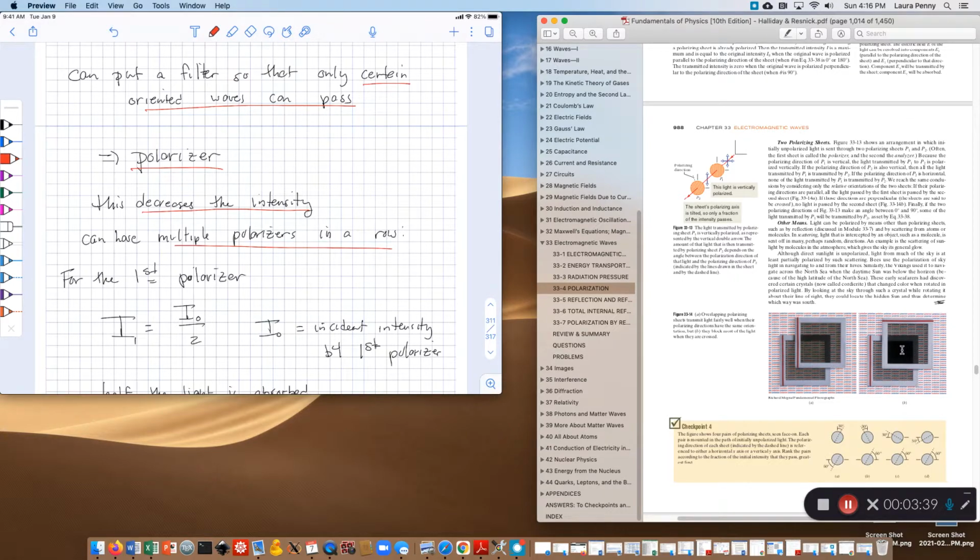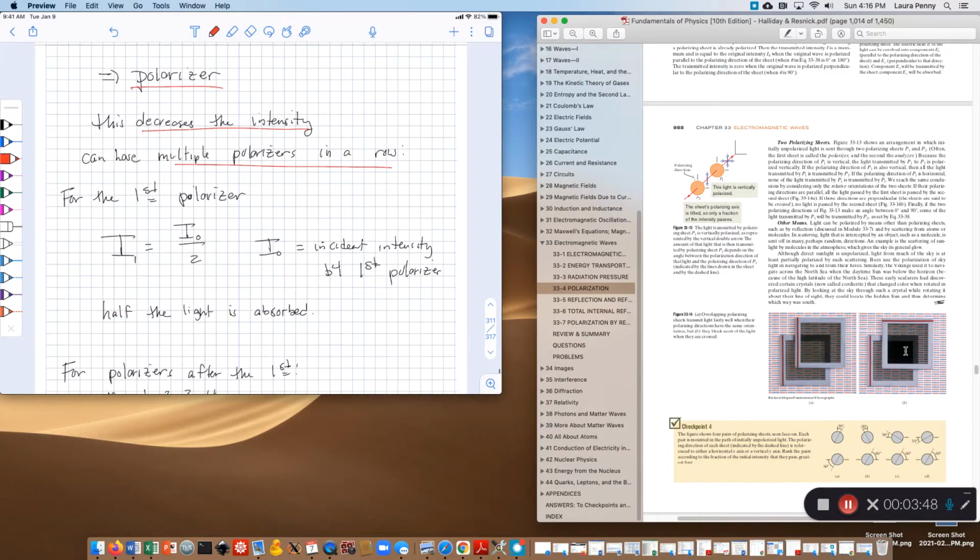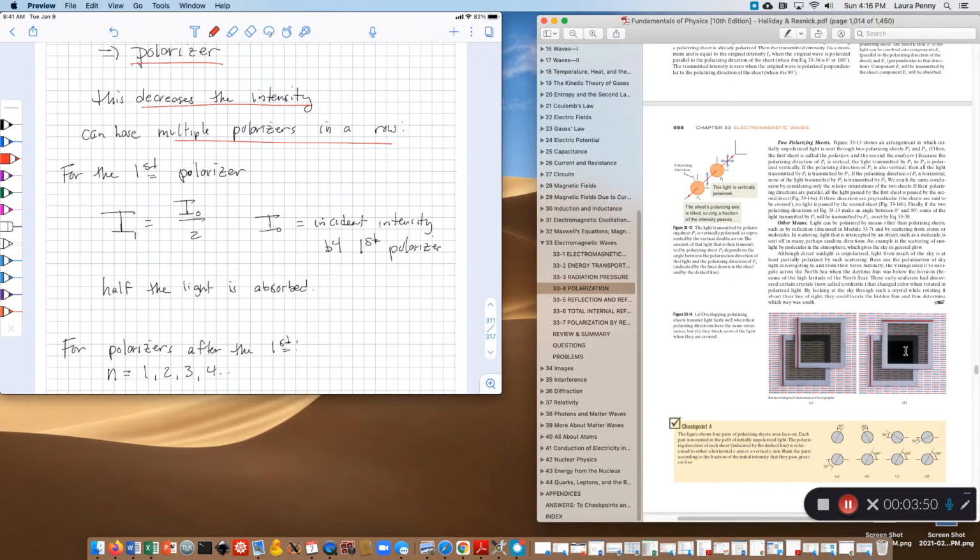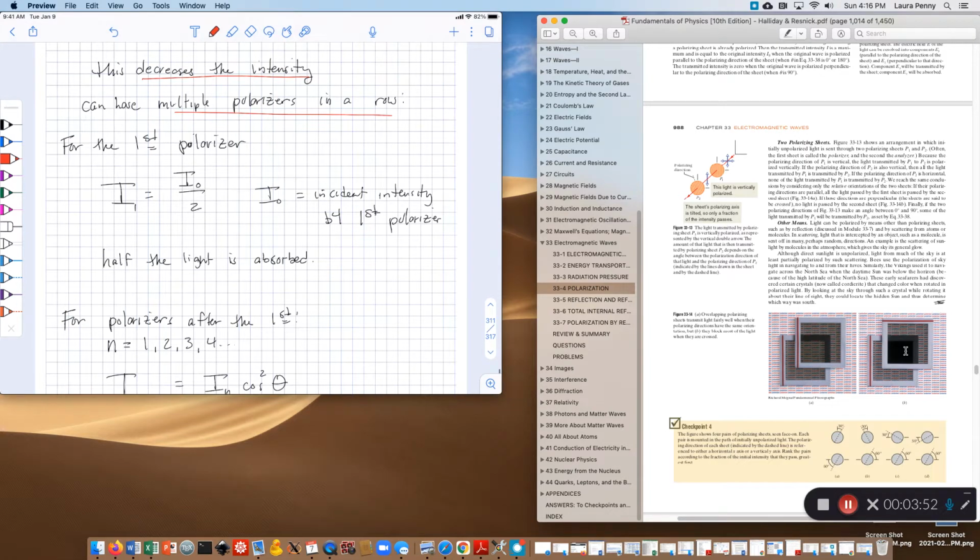The first polarizer is essentially perpendicular to the second polarizer, so we're getting zero light through. To calculate the intensity that makes it through, there's one mathematical thing for the first polarizer, and a different thing we do for the second one. The first polarizer essentially just blocks half the light. You take the intensity of the light before, divide it by 2, and half of it makes it through.